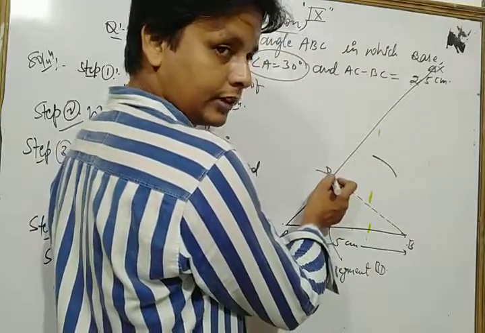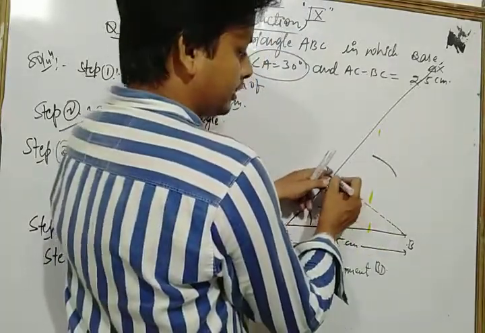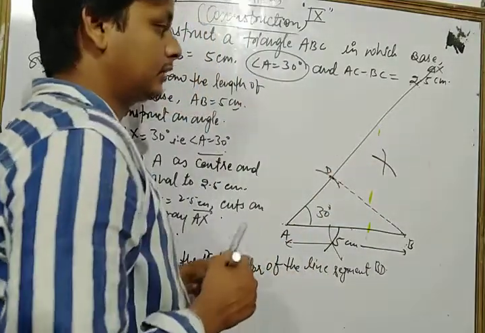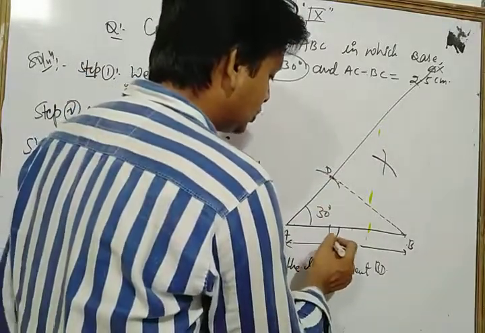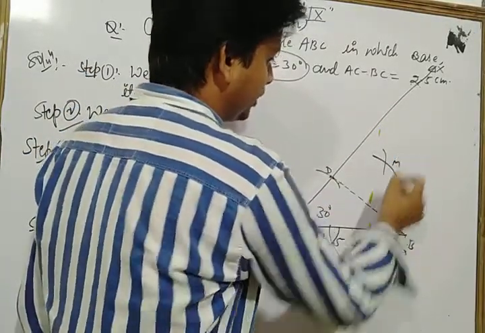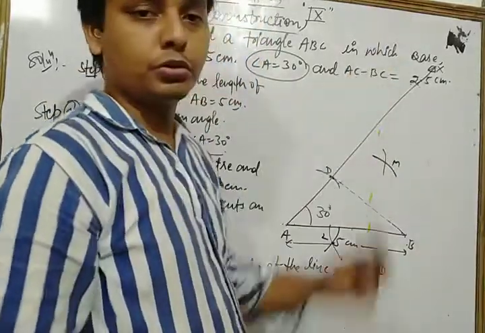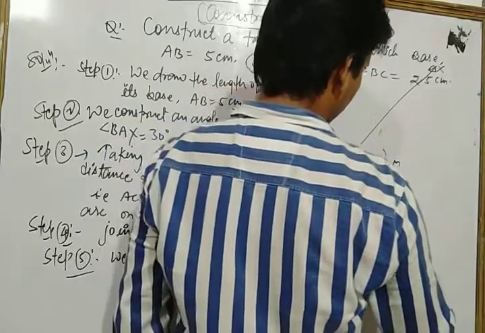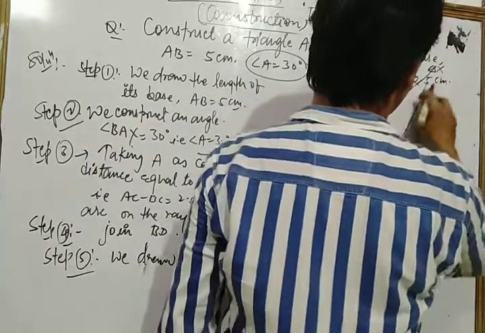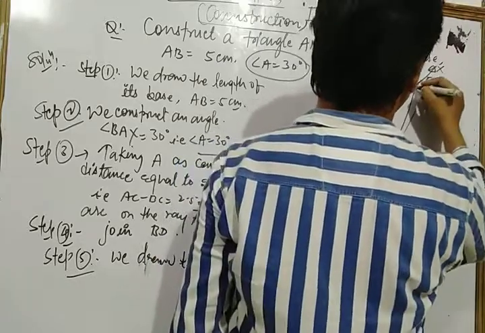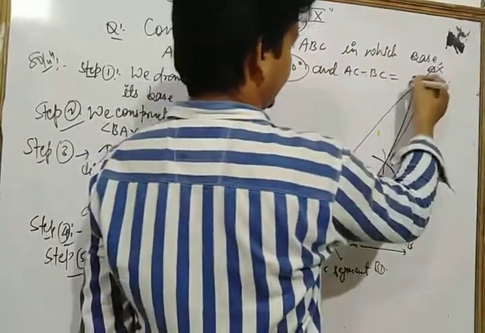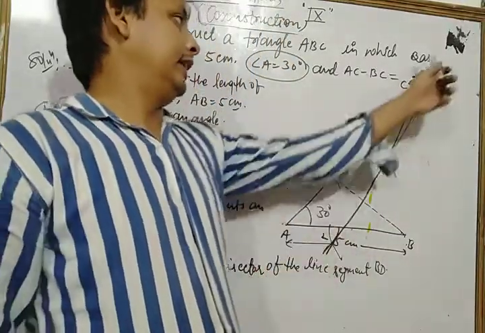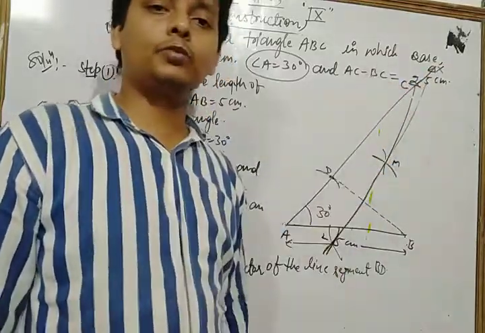After that, with the same radius and taking D as center, we cut two arcs which cut the previous arc at two distinct points. Let the two distinct points be L and M. Now we join these two points and produce to some distance, which cuts the ray AX at some point. Let us take that point as C.